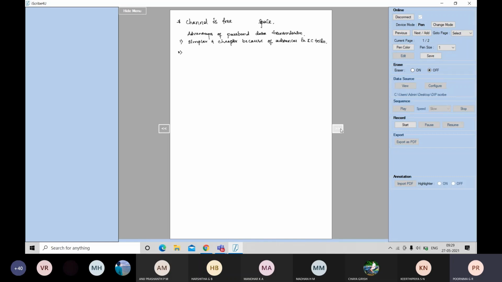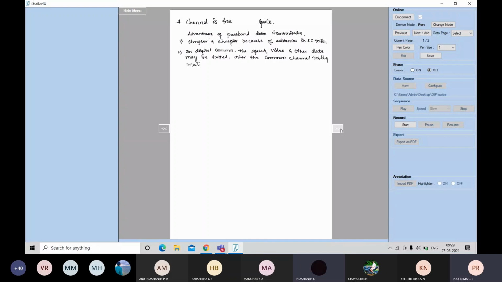The second one, in digital communication using passband signaling, through the passband technique, speech, video, and other data may be transmitted over the common channel using multiplexing.